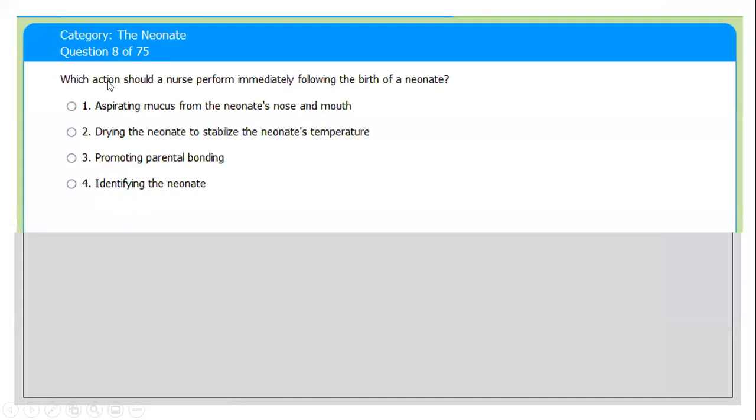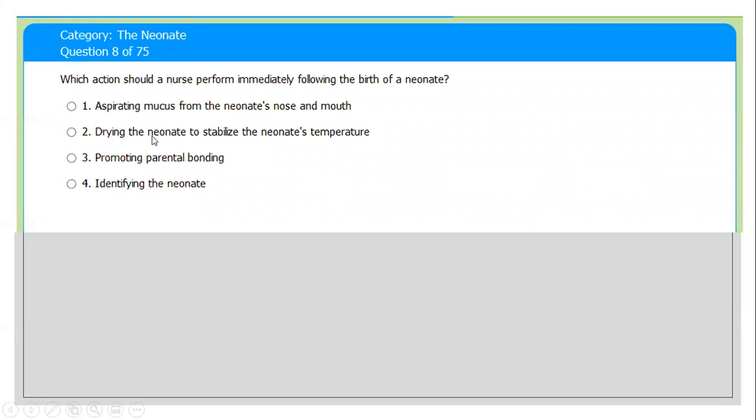Next question, which action should a nurse perform immediately following the birth of a neonate? Number one, aspirating mucus from the neonate's nose and mouth.